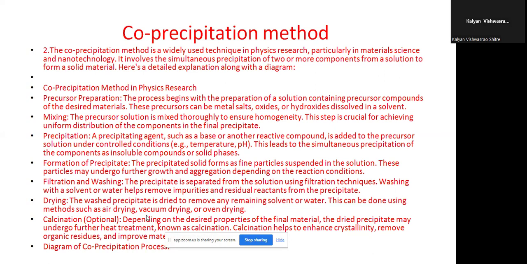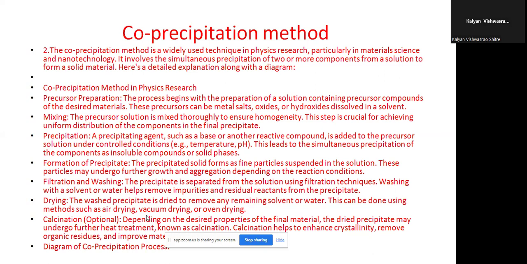Filtration and washing. The precipitate is separated from the solution using filtration techniques. Washing with solvent or water helps remove impurities and residual reactants from the precipitate. Drying. The washed precipitate is dried to remove any remaining solvent or water.